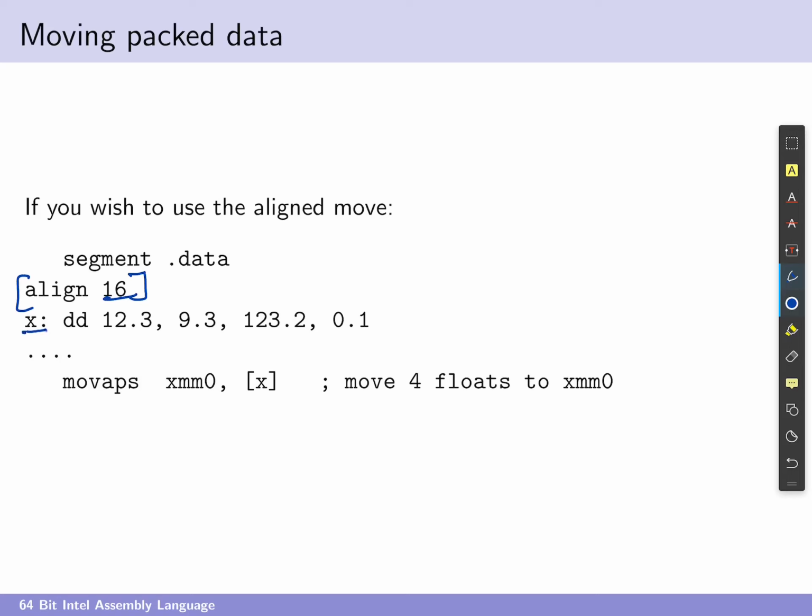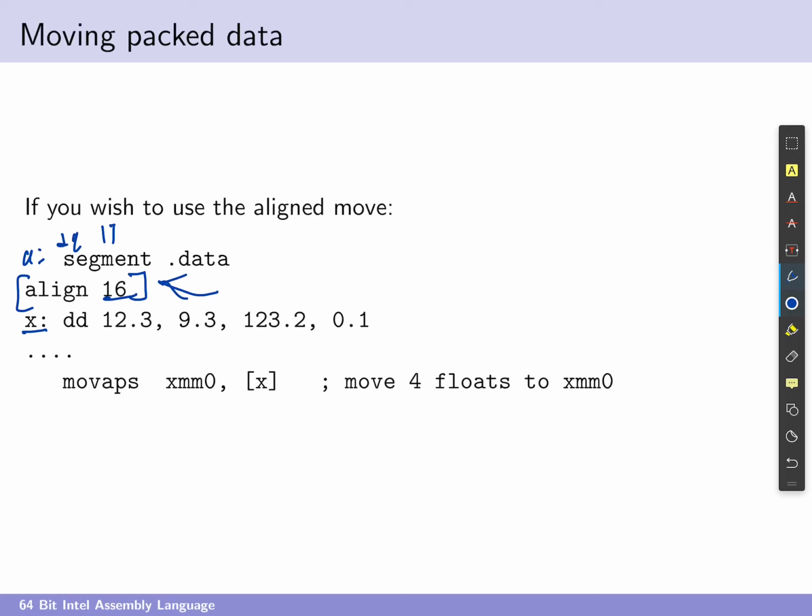What align actually does is it will zero pad the memory locations between X and what came before. So say I had another variable here, say it was a data quad with a value of 17. It will add sufficient space between A and X such that X starts on a 16-byte boundary. It kind of does that calculation for us, which is quite handy.